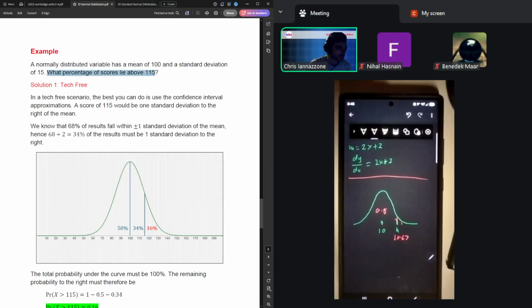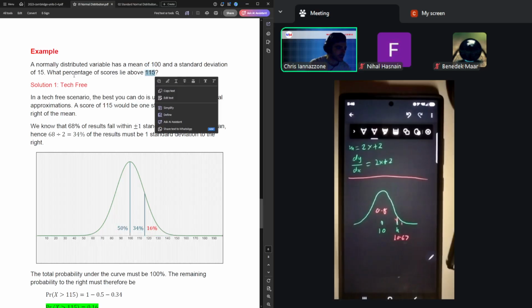From there, we're looking for this. Right, what percentage of scores lie above 115? So to be above 115, it's going to be somewhere right of this mean, and we're looking for whatever's right of that 115 here. Now, as for how you get these probabilities, we are looking to find how many standard deviations right or left this value is.